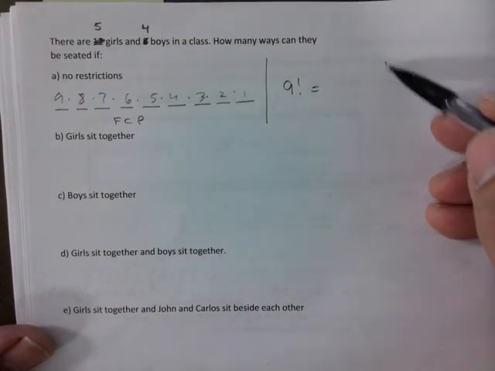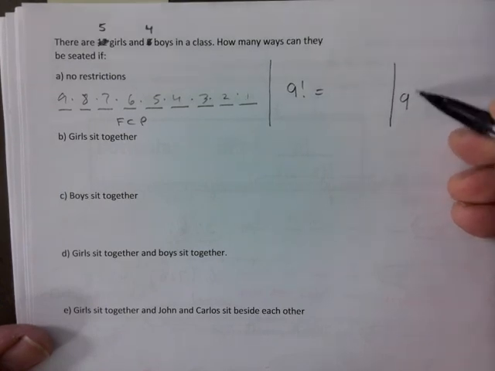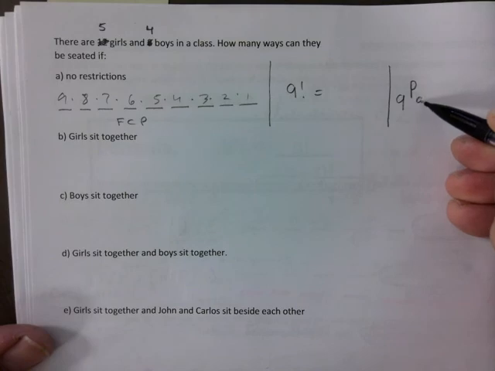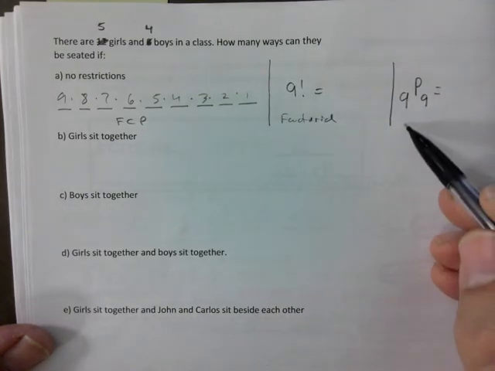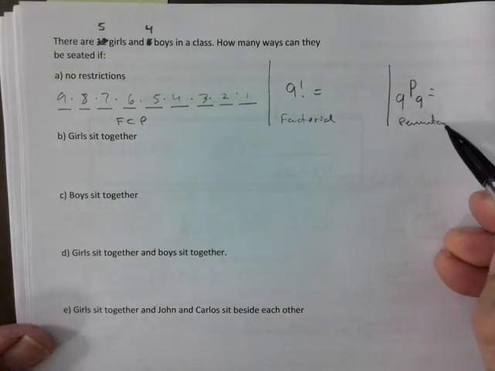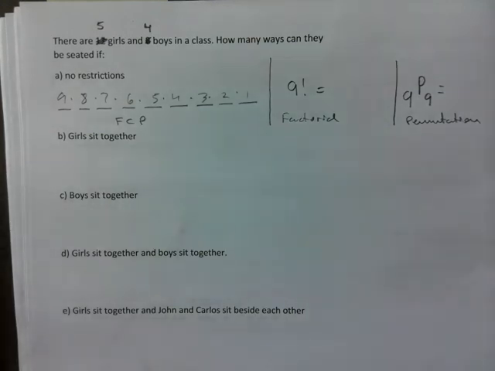Or we could also write it as, using permutation, you have 9 students, you pick 9. Okay. This is factorial. This is permutation. They're all saying the exact same thing. So you want to use your calculator, come up with 9 factorial. Let's just do it because it takes time to type everything in. And you need to remember where to find the factorial, right?